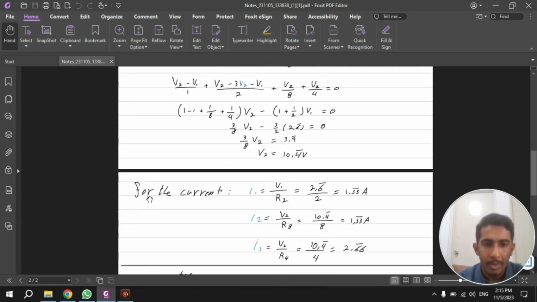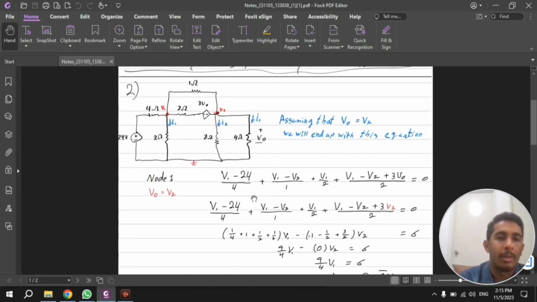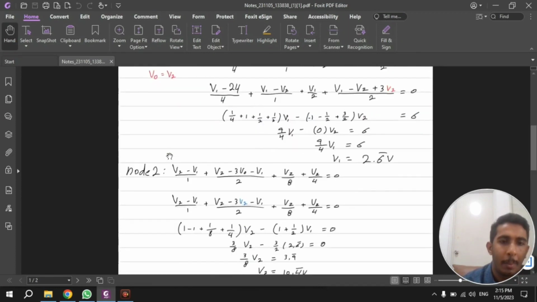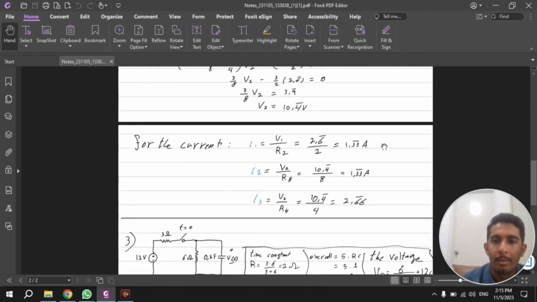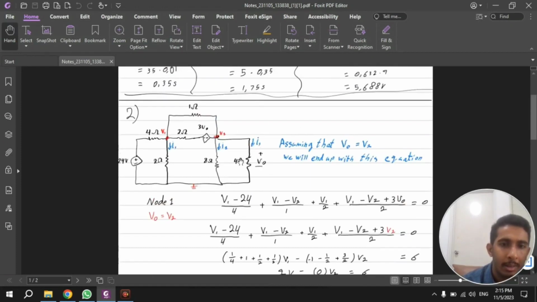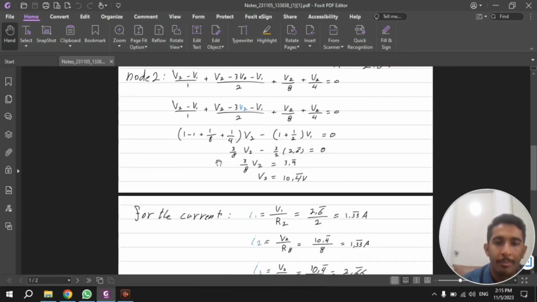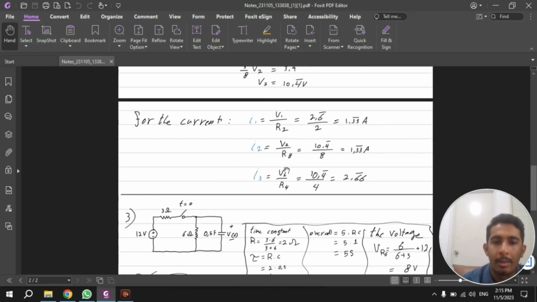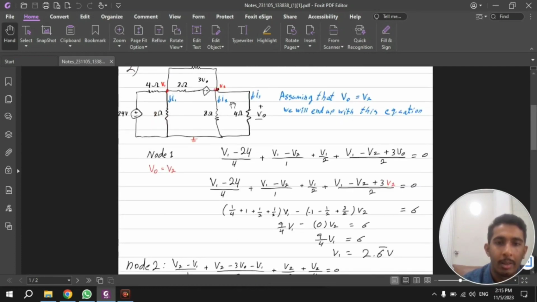Then for the current, we're gonna have three equations. I1 is gonna be V1 over R2, so this one, V1 over R2, gives 1.3 amperes. I2 is gonna be V2 over R8, so this is V2 and this is R8, and I3 is gonna be V2 over R3, this one.